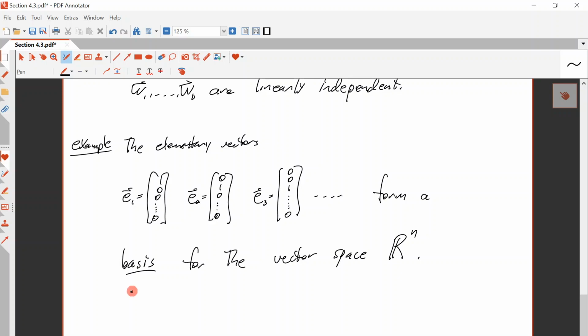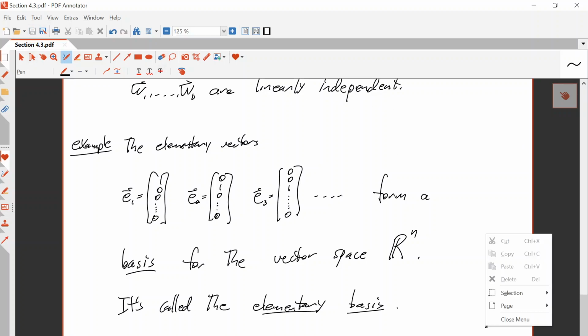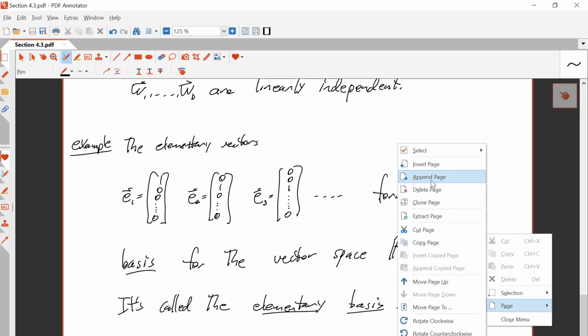It's called the elementary basis. So elementary vectors, elementary basis for Rn, all the same thing.